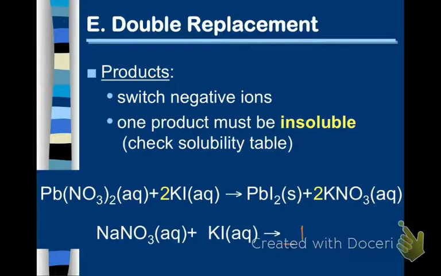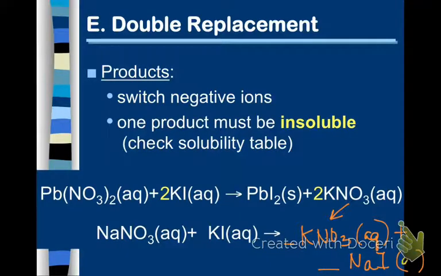So when I predict those, it's potassium nitrate. Well, we've already talked about that. That's aqueous. And sodium iodide. Which rule covers sodium iodide? Yes, there is a rule. The first one: sodium compounds are soluble.